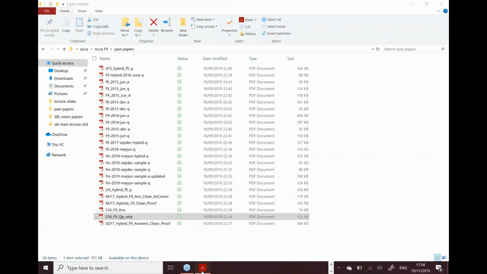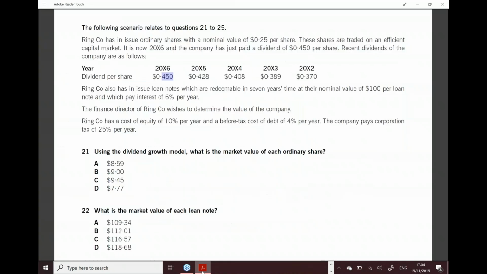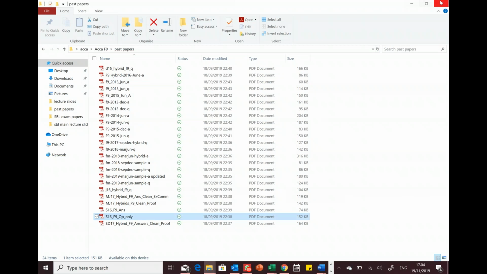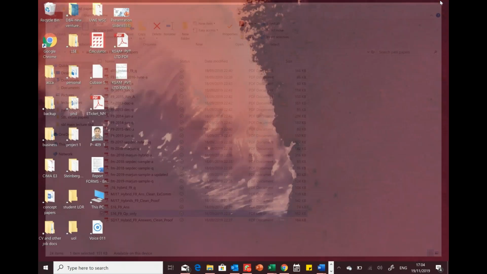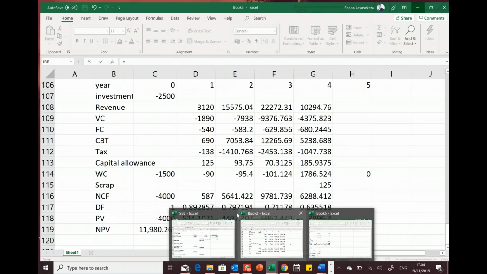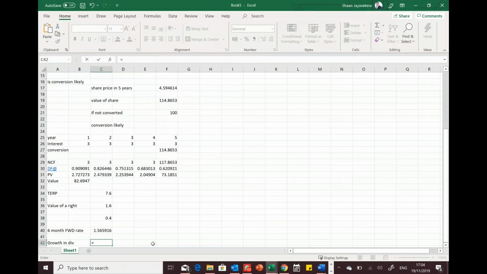It will be 0.45 divided by 0.37, to the power, or I have to take the fourth root, which is equivalent to the power 0.25.